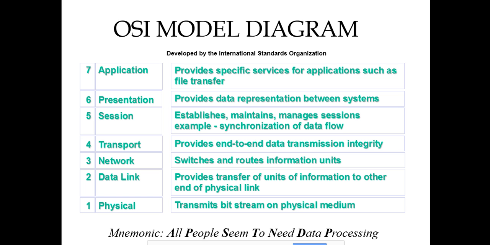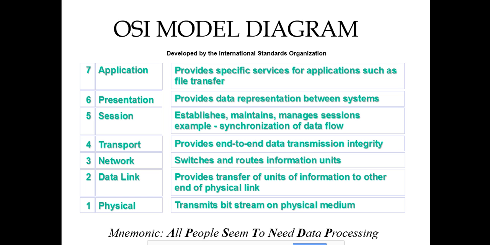It goes from layer 7 down to layer 1. So all people seem to need data processing: application, presentation, session, transport, network, data link, and physical. Some people teach the other way, and the other way is, please do not throw sausage pizza away. I know, both of them are kind of silly, but it doesn't matter to me which one you remember.